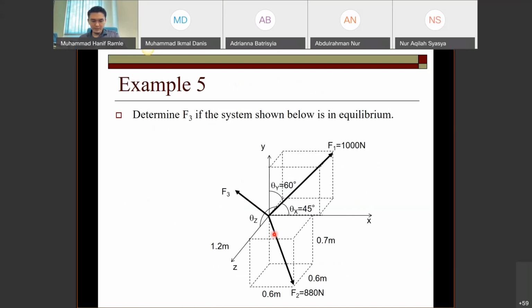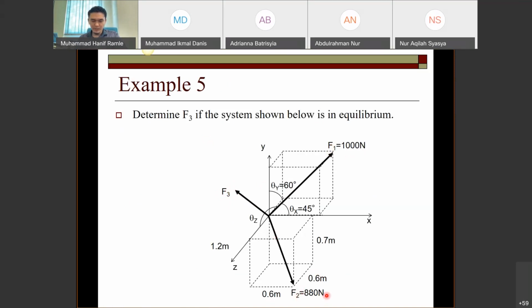You have to determine F3 if the system shown below is in equilibrium. So the F3 value is unknown. The known are only two: F1 is 1000 Newton and F2 is 880 Newton.